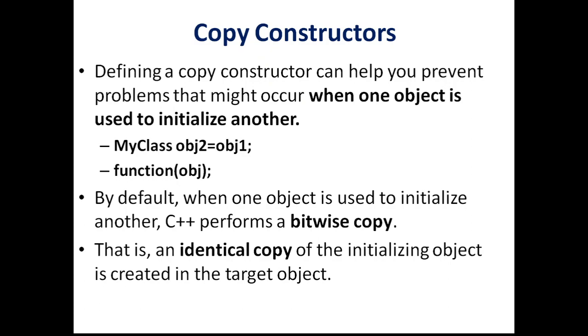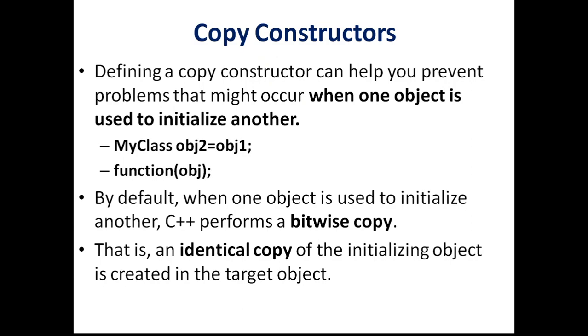Okay, now let us explore the problem. First of all, why a problem could happen in this scenario is because of the mechanism the compiler employs when it encounters an initialization statement like this. The mechanism is called bitwise copying.